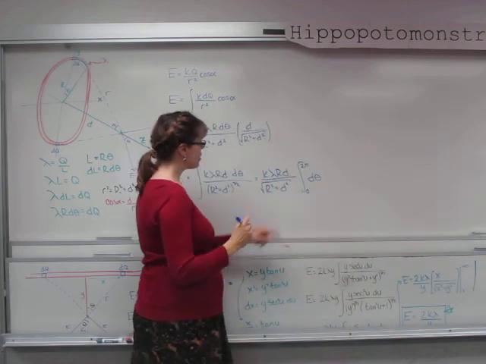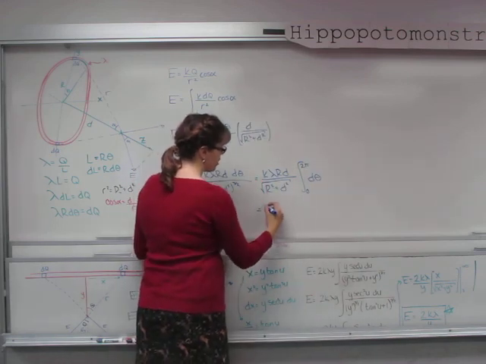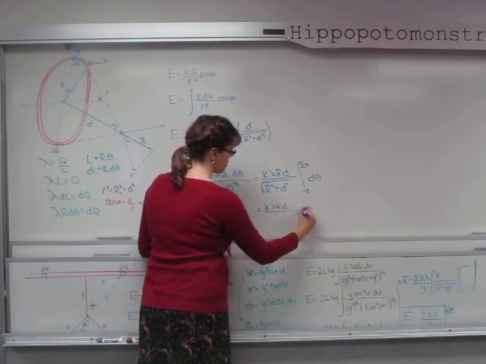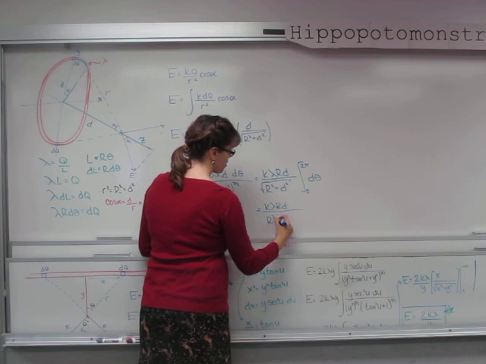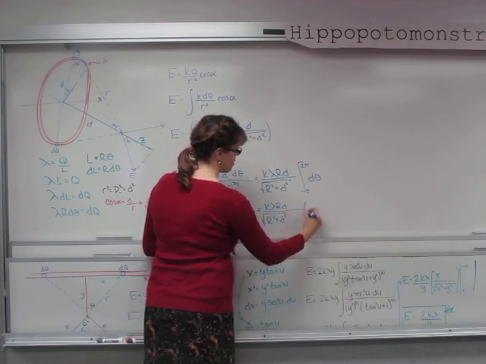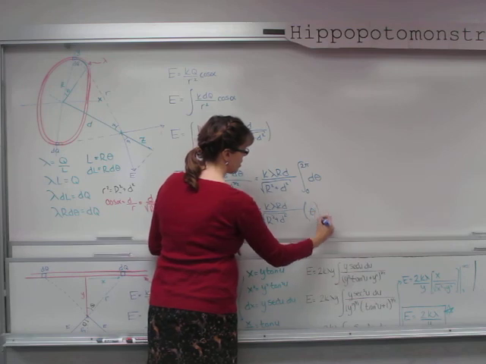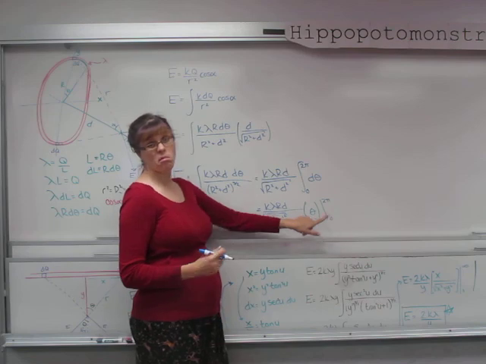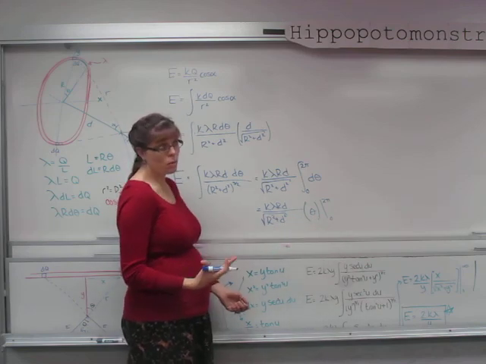Okay, so this is equal to k lambda r d divided by the square root of r squared plus d squared to the 3/2, integrated over theta from 0 to 2 pi. So it's 2 pi minus 0, which is just 2 pi.